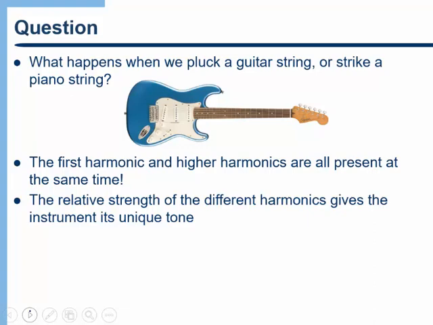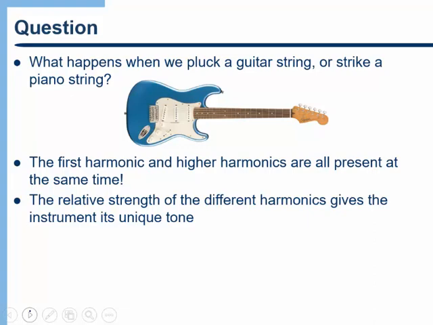They're just strings. Or why does a violin sound different from a guitar? Well, because of the construction of the body and everything else that goes into the instrument, one instrument will favor certain harmonics over another. And therefore, each instrument has a unique sound to us because of all of the harmonics that are present.